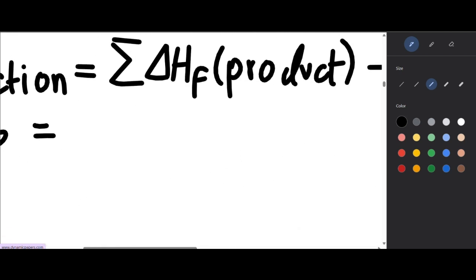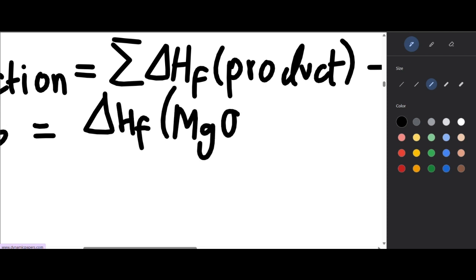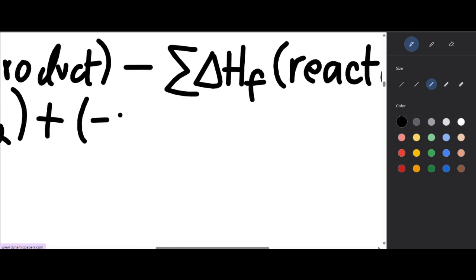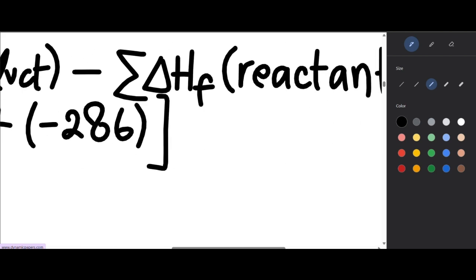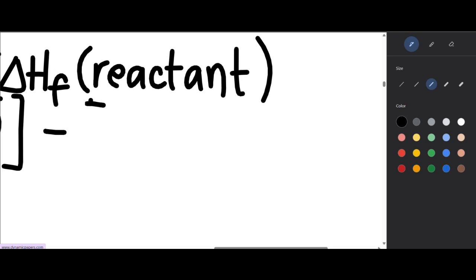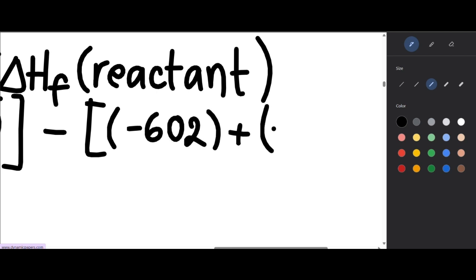So we have to make it like this: delta HF of MgO2 plus minus 286, minus the reactant, which is minus 600 times 2 plus minus 188.